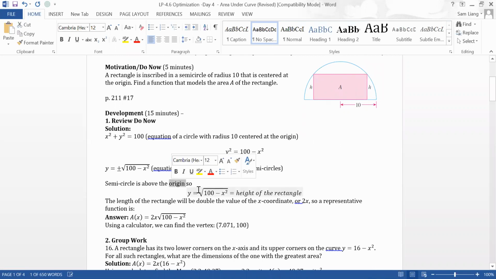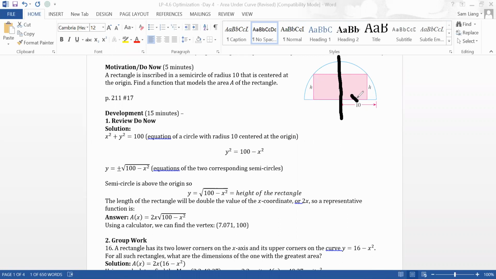So the y coordinate is equal to the height. So y equals the square root of 100 minus x squared. We're taking the positive one because, again, it's above the origin, as you can see from the diagram. So that's the height of the rectangle. The length of the rectangle will be double the value of the x coordinate, or 2x. Let me explain that. The reason why it's 2x is because here's the origin. The semicircle is centered at the origin, so this is 0, 0.